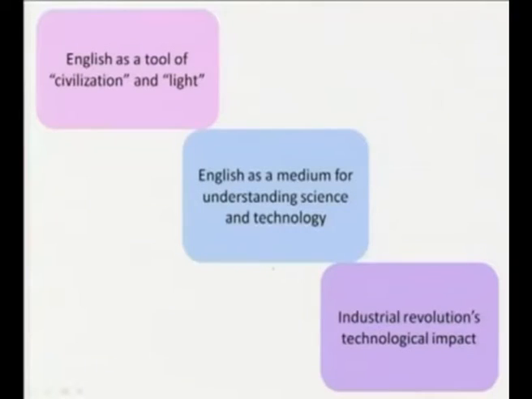Therefore, we may say that English was introduced in India first as a tool of civilization, a tool of light, a tool of enlightenment. English was used as a medium for understanding science and technology, and the industrial revolution's technological impact was also one of the points that we cannot ignore here.